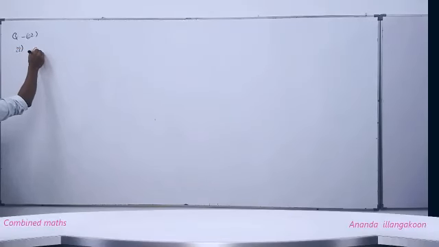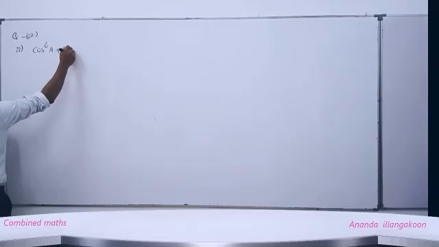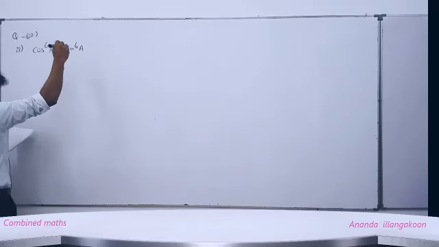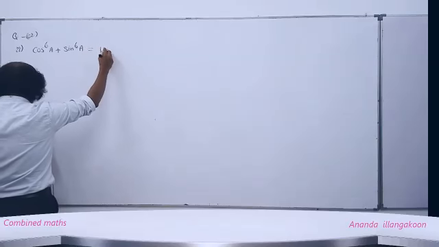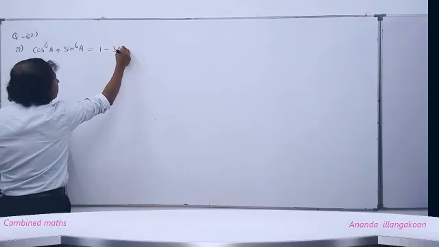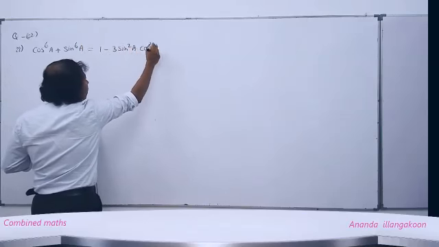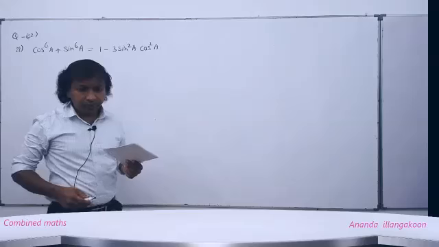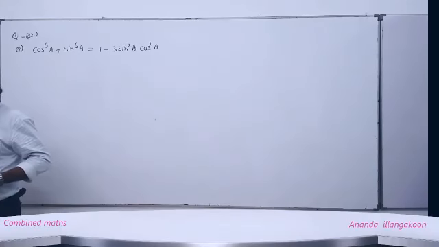There you are given cos to the power 6A plus sin to the power 6A, to show that it is equal to 1 minus 3 sin squared A into cos squared A. Right? This is the first question today I am supposed to discuss.